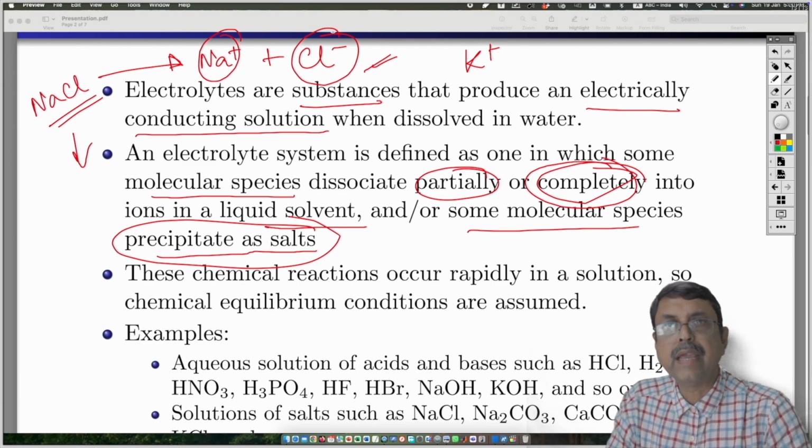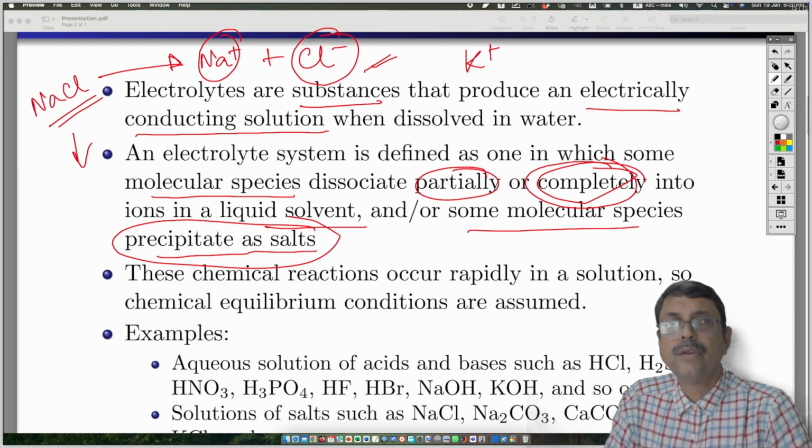Okay, you will find the solid particles of those salts. So that is also a property of electrolyte. They either dissociate or precipitate as salt.